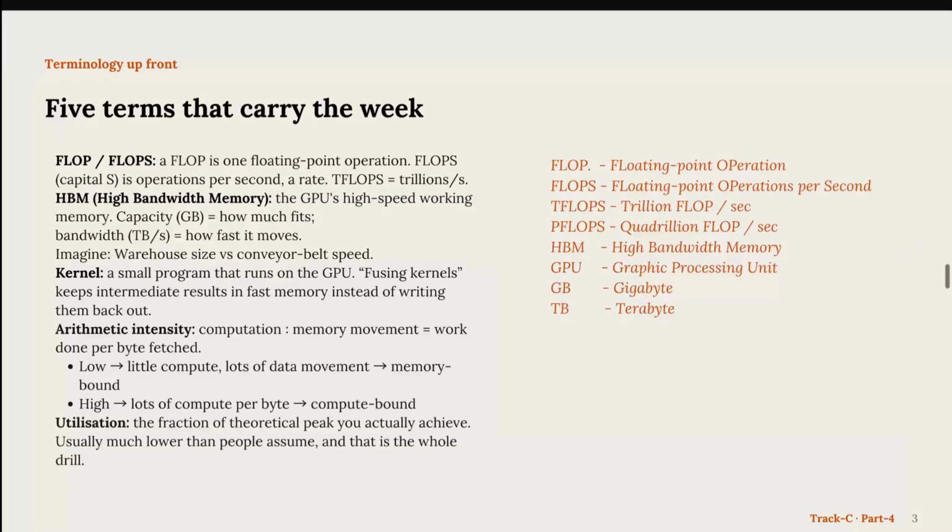Five terms that we need to understand from the beginning. FLOP is floating point operations, and FLOPS is floating point operations per second. This is the rate at which operations are performed per second. It could be teraflops, which is trillion FLOPS, or petaflops, which is quadrillion FLOPS. High bandwidth memory is the memory sitting closest to the GPU that provides all the data the GPU needs to perform calculations.